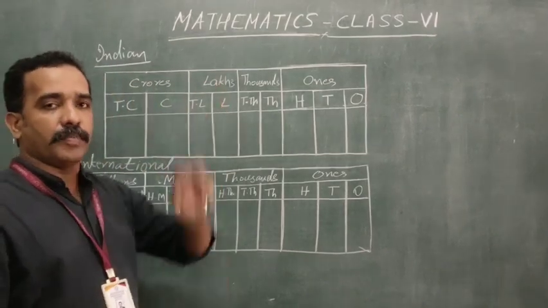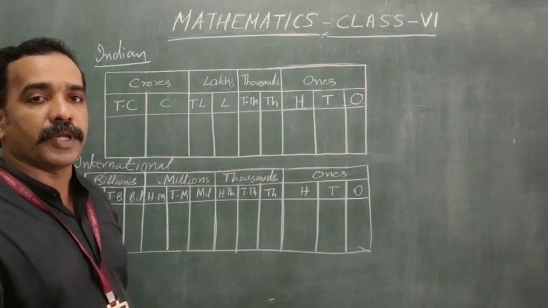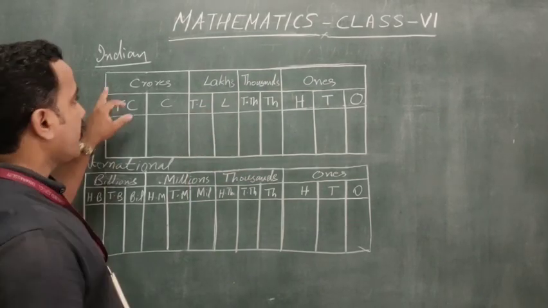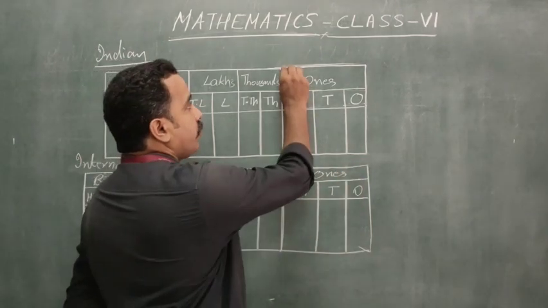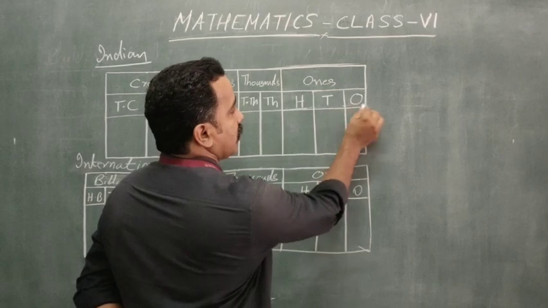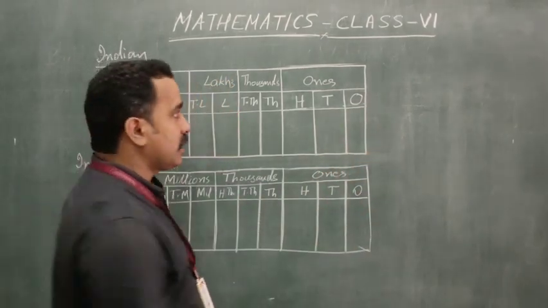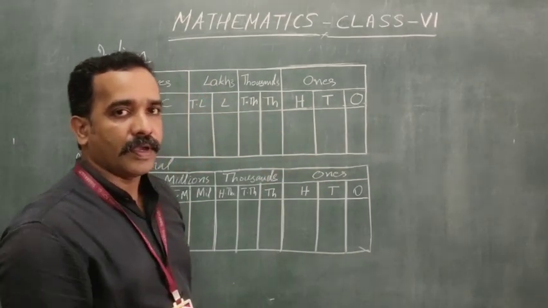Here, look at the board. The first table is the Indian place value chart. In the Indian place value chart, as I told you before, the first group, the ones group, contains 3 digits, that is ones, tens and hundreds.